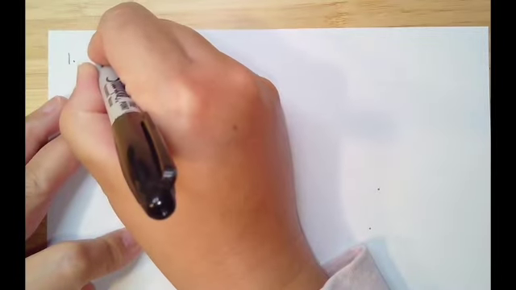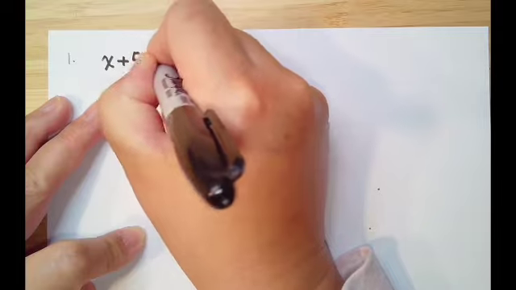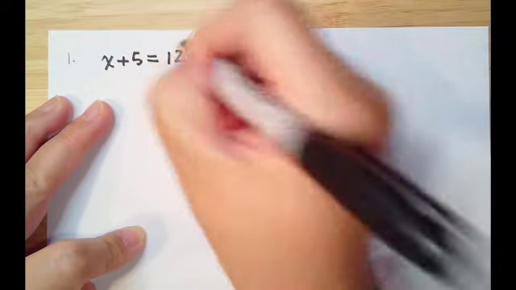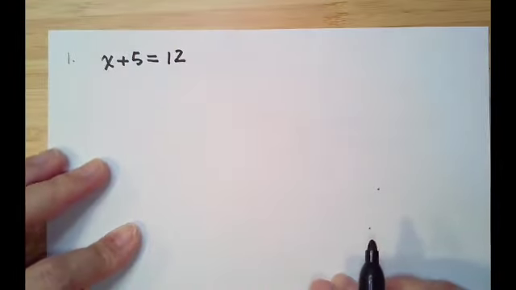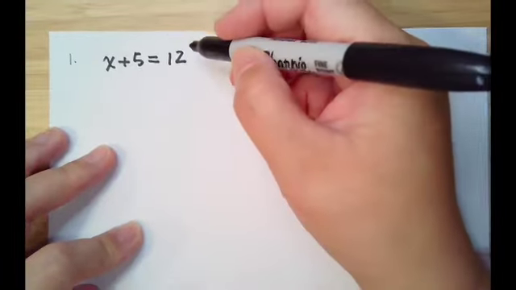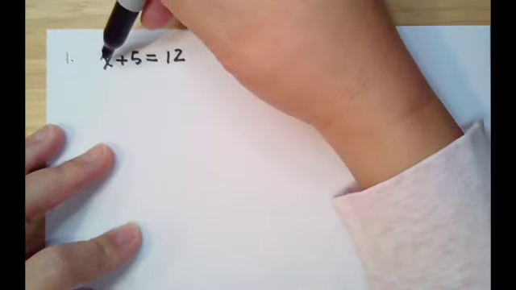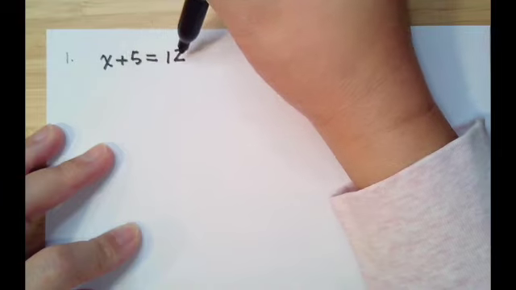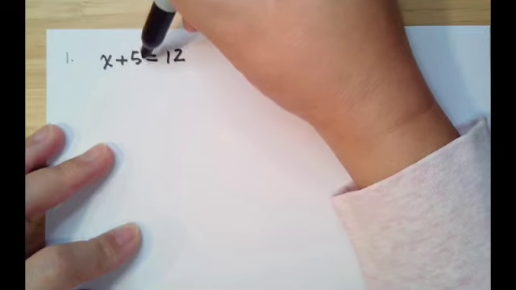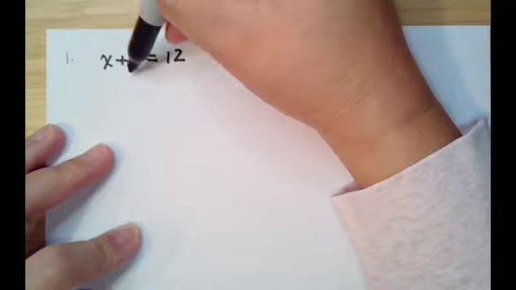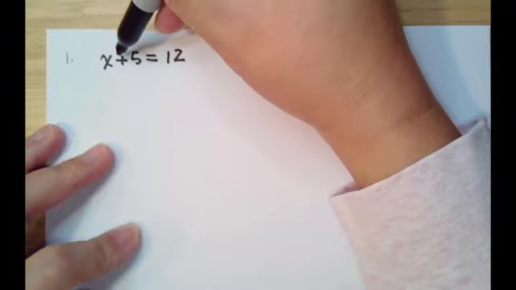All right, we're going to work on some examples together. The first one, x plus 5 equals 12. If you have this linear equation, just like we learned earlier, we can perform the inverse operation here.